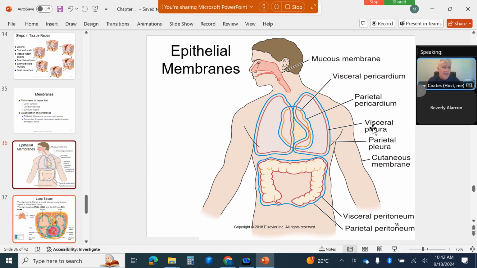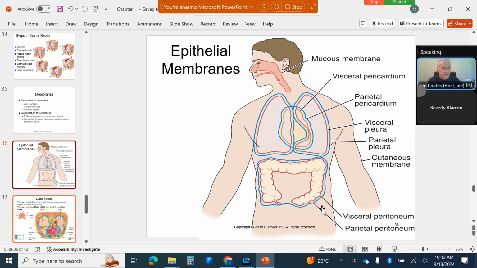And you'll see that the visceral membrane covers the organ. The parietal membrane covers the cavity. And so there's actually a space in between. Yes, it's all about protection. It's an added layer of protection to protect these organs from an infection.